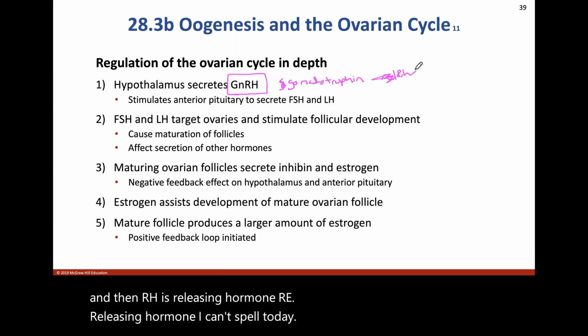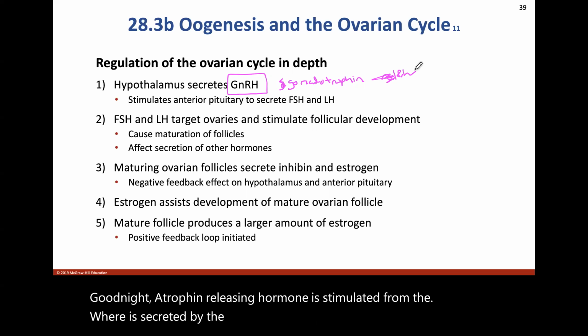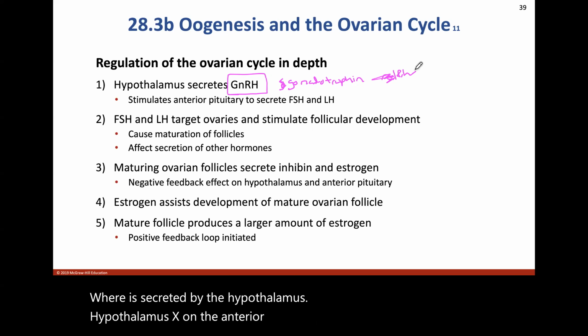Gonadotrophin releasing hormone is secreted by the hypothalamus. Hypothalamus acts on the anterior pituitary to secrete follicle stimulating hormone and luteinizing hormone.